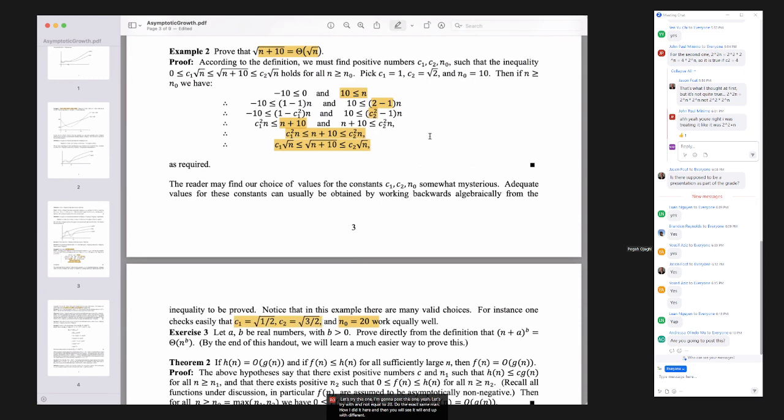It means that if I consider n naught greater than 10, my C1 and C2 are going to be this one. If I consider n naught equal to 20, I'm going to reach different C1 and C2. Still, I don't care what you find for C1 and C2, as long as you can show that this inequality holds. That's it. You proved it. But there are different ways. After I post this one, try this with n naught equal to 20 and see how you can reach these numbers. Does it make sense?